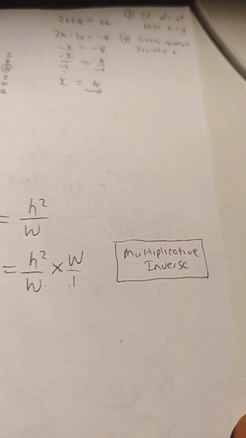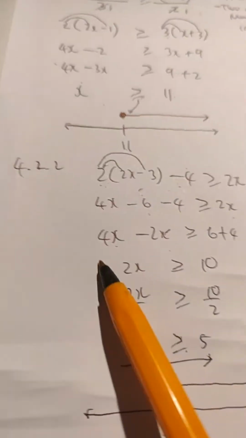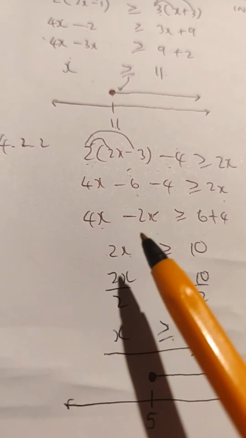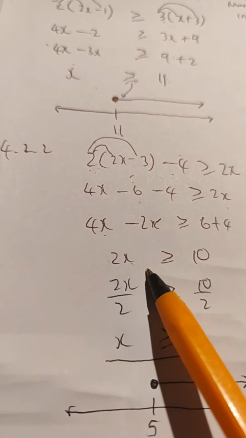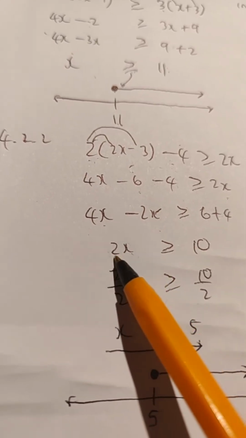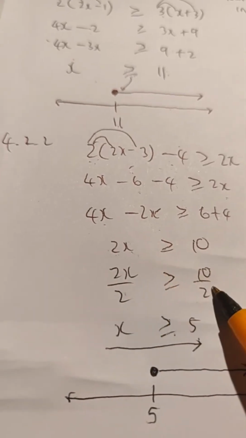The opposite of divide is multiply. The opposite of multiply is divide. It's like when you want to isolate x, you're asking yourself, what is the relationship of 2 with x? 2 and x are combined by multiplication. So how do you get rid of this 2 so that x is isolated? You divide by 2. But what you do on the left, you do on the right.